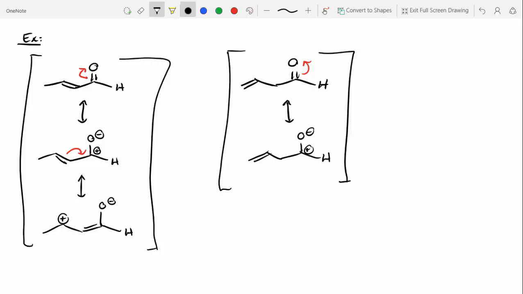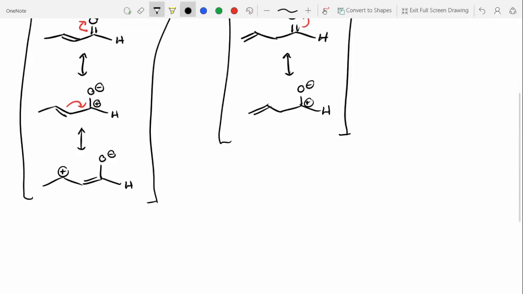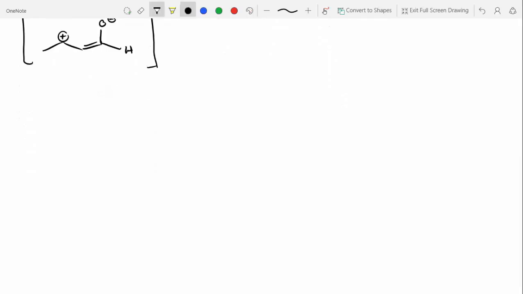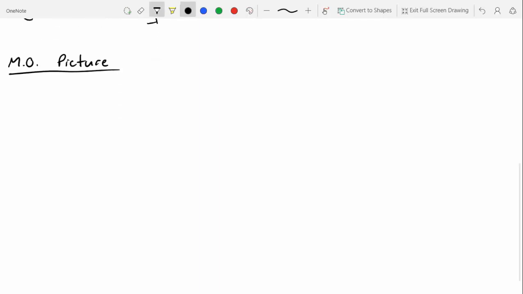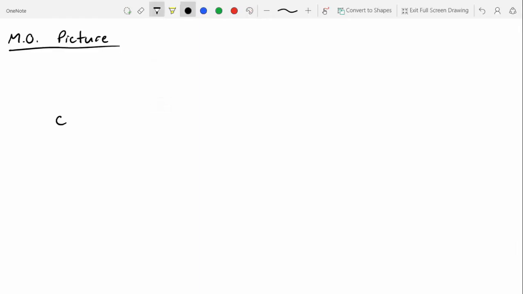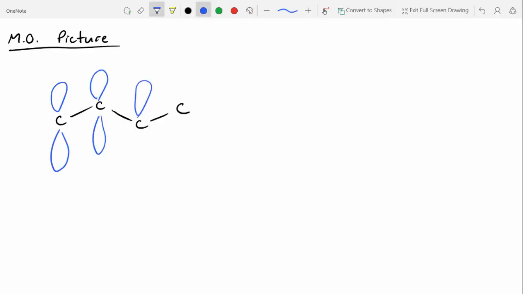So let's really quickly take a look at the molecular orbital picture of a conjugated system. And I'm going to abbreviate molecular orbital, MO. And I'm going to show the zigzags. And if you think about four carbons that are all sp2 hybridized, they each have this p orbital going up and down. And we've got a pi bond between two adjacent carbons, right?